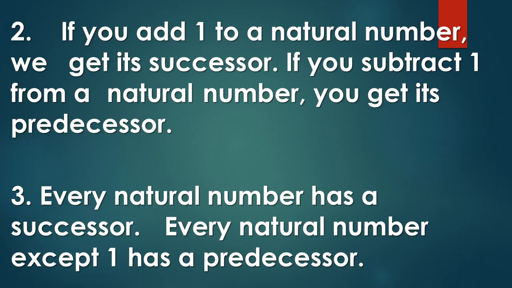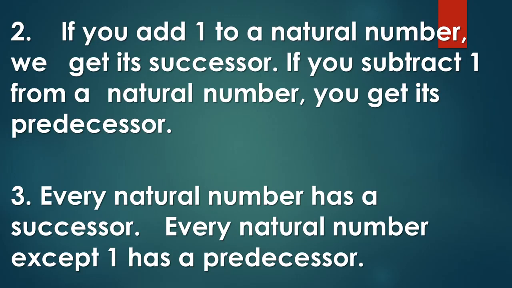Successor means plus 1, predecessor means minus 1. The third point is, every natural number has a successor. Whatever natural number we have, we can add 1 to it and get its successor. So every natural number has a successor.